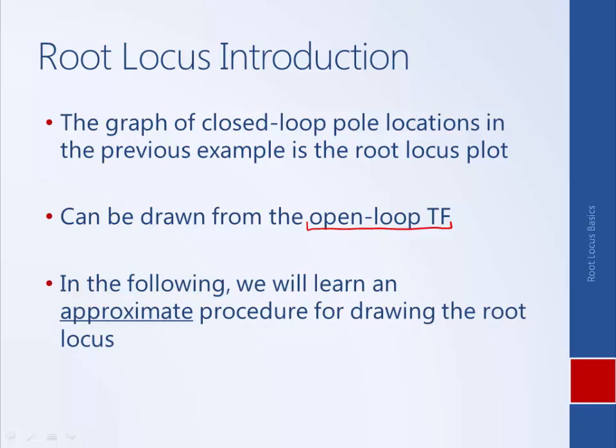And we're going to learn this procedure. What we'll learn is just an approximate procedure to get a rough idea of the root locus. But if we want to get a more precise picture, then we'll use something like MATLAB to do it for us. But it is beneficial to understand the basic idea so that we know how to modify the root locus with control.